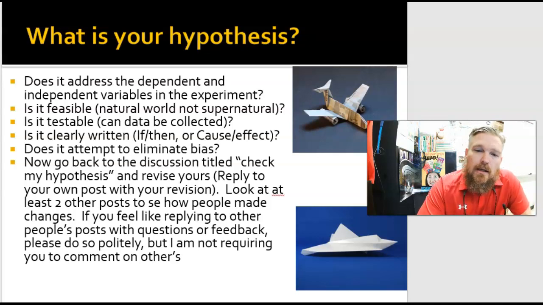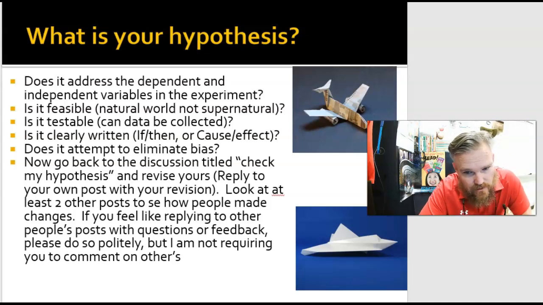Now, I see some hypotheses in the discussions that are very detailed and have some really good aspects to them. But really, for this experiment, if we're trying to figure out what the best plane is, we need to define one variable at a time, see which of those variables is the best, and then that could lead to further exploration.